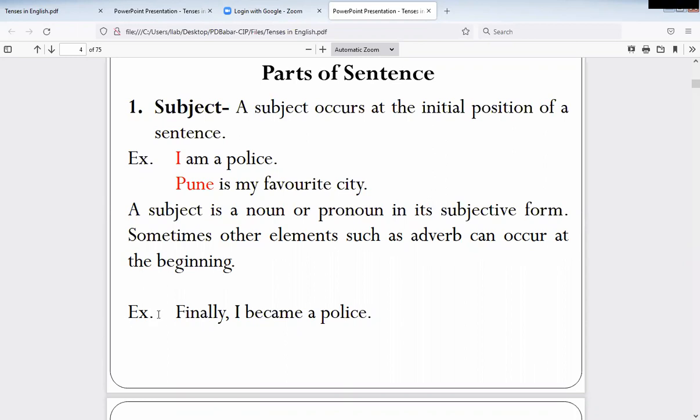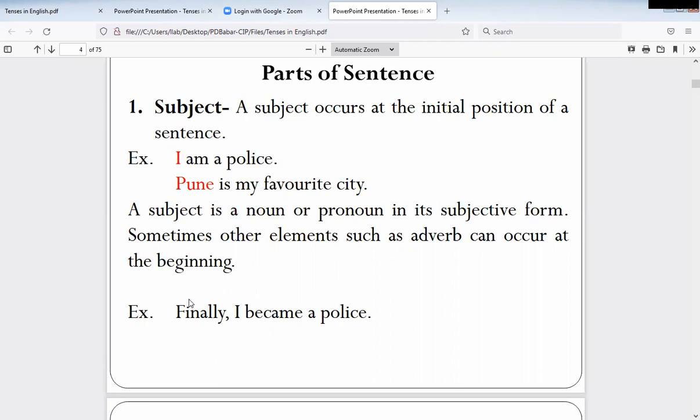Let's see the example, when an adverb is used at the very initial position: Finally I became a police. Here finally is called an adverb, because it has the ly suffix. We can easily identify finally as an adverb.